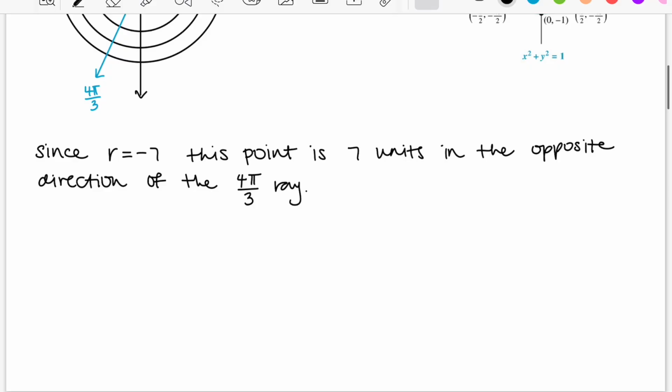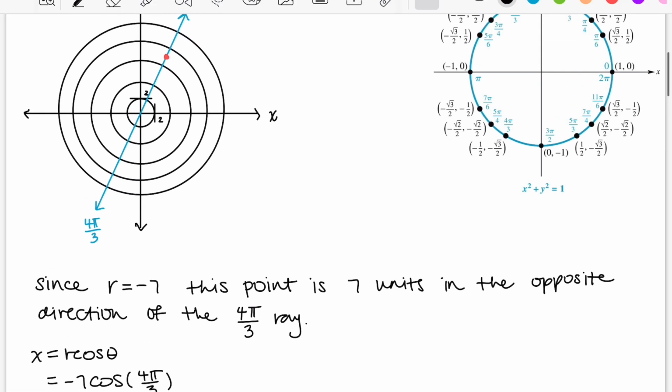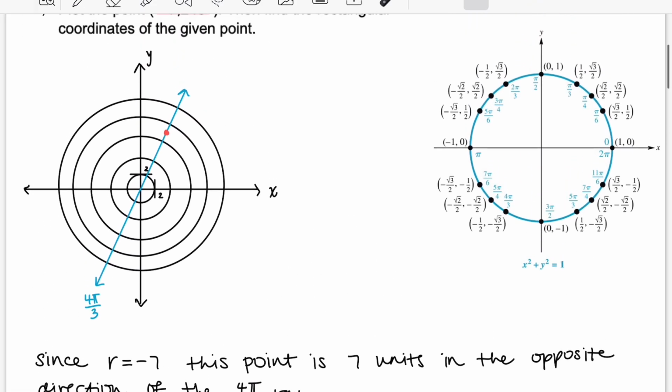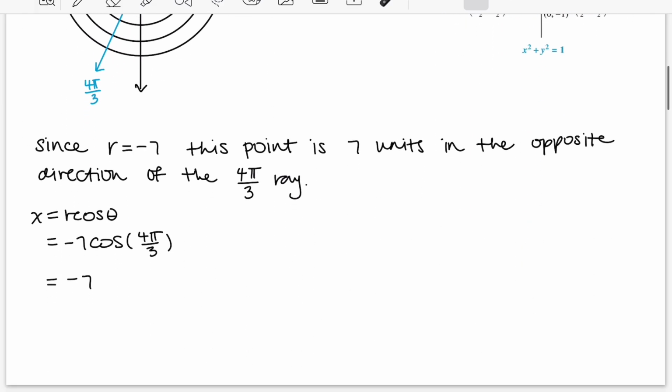So we know x is going to be equal to r times cosine theta. So this will be minus 7 times cosine of 4 pi over 3, or 240 degrees. So this will be minus 7, and then cosine of 4 pi over 3, going back to our unit circle here, is going to be minus 1/2. So our x-coordinate is just going to be positive 7 over 2.